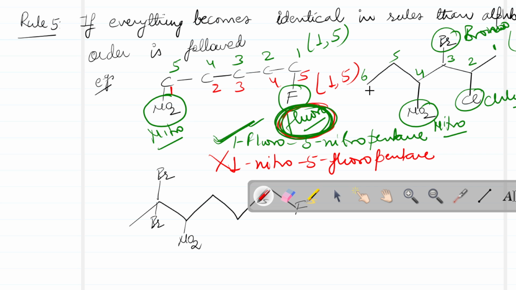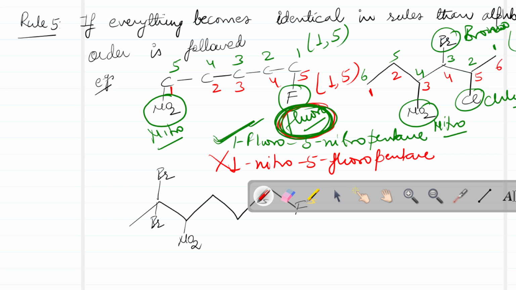Another possibility, numbering 1, 2, 3, 4, 5, 6, gives a set of locants 3, 4, 5. Here you can see that 2 in green and 3 in red, so here is the first point of difference.